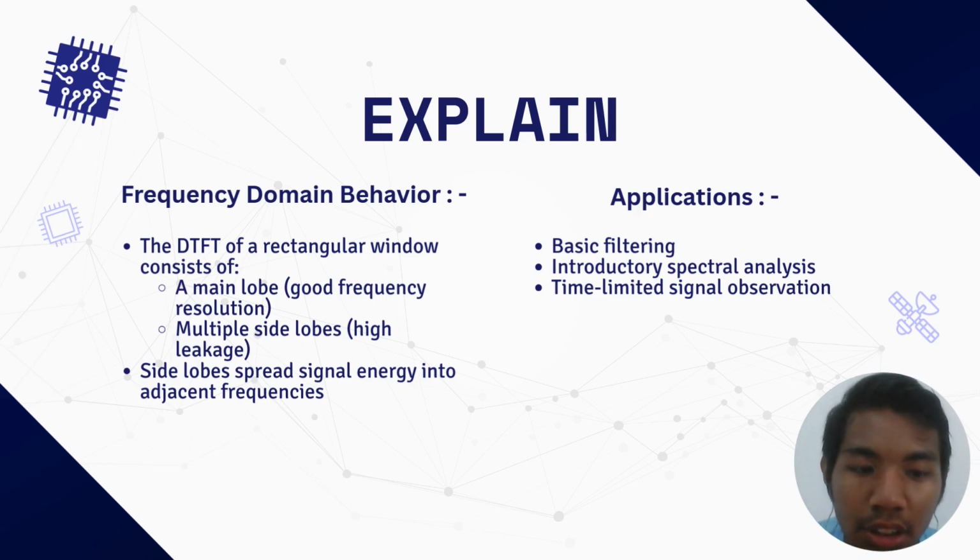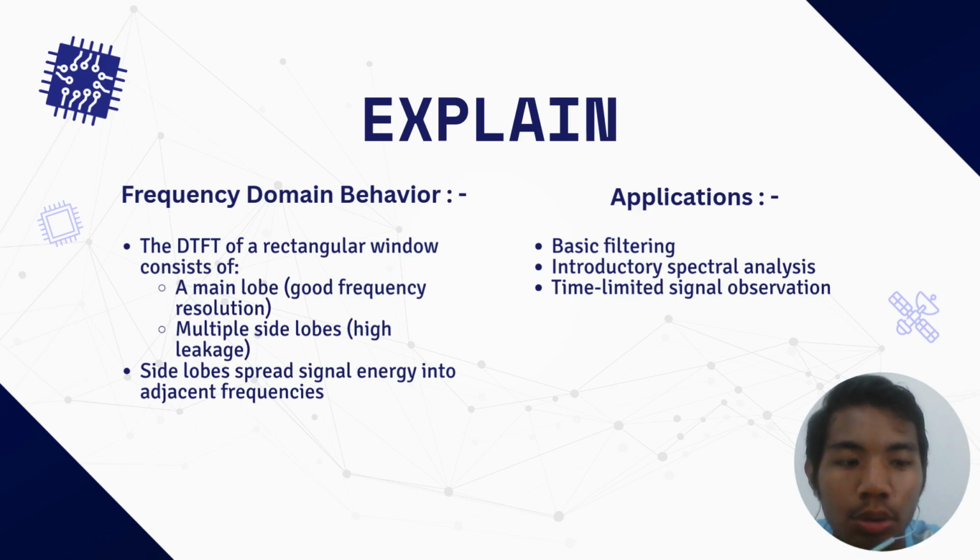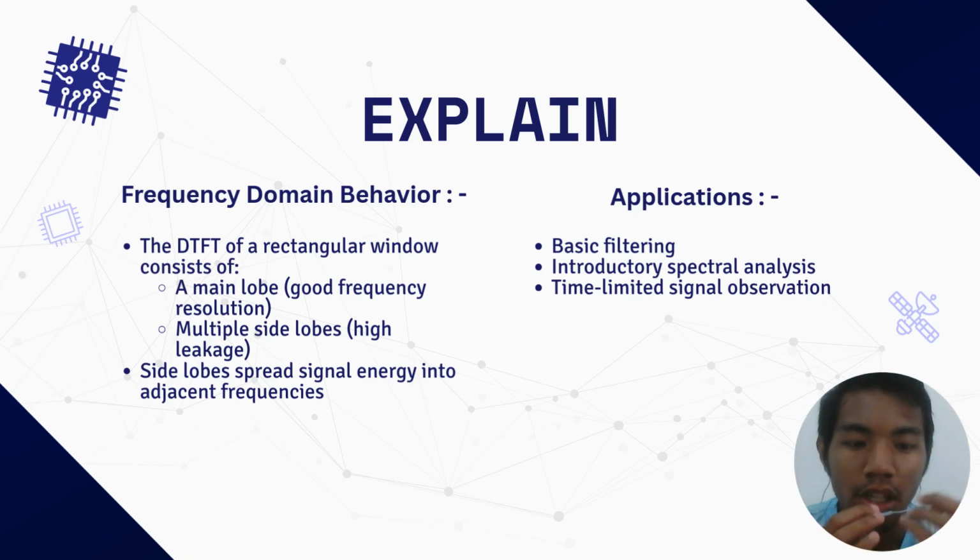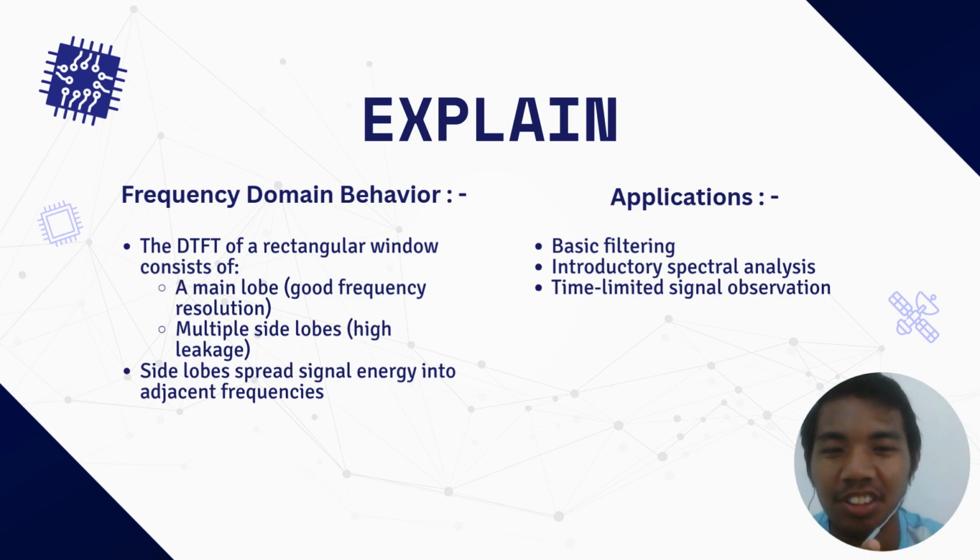It is used to truncate the ideal infinite impulse response of a filter into a finite length impulse response that can be practically implemented. It gives a simple, predictable filter structure, but the high side lobe level of the rectangular window limits the achievable stop band attenuation.